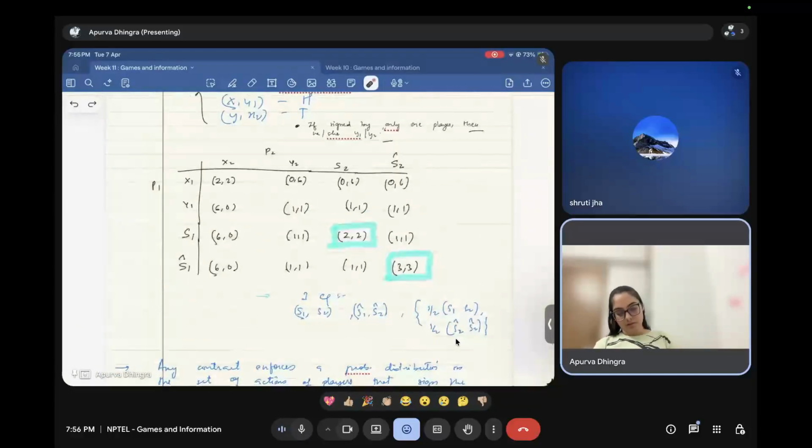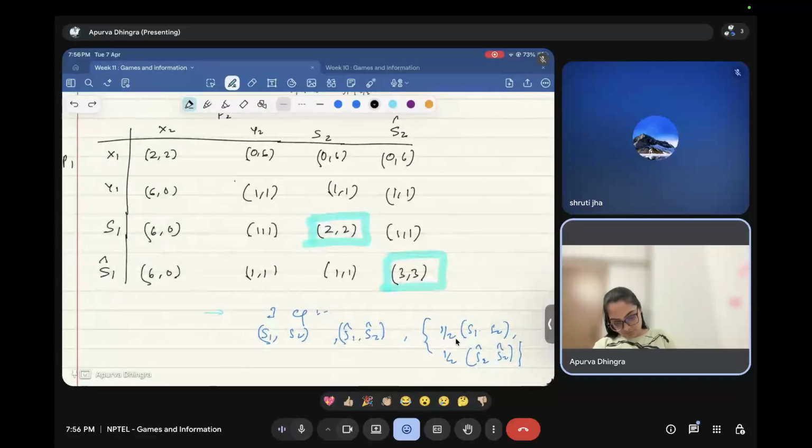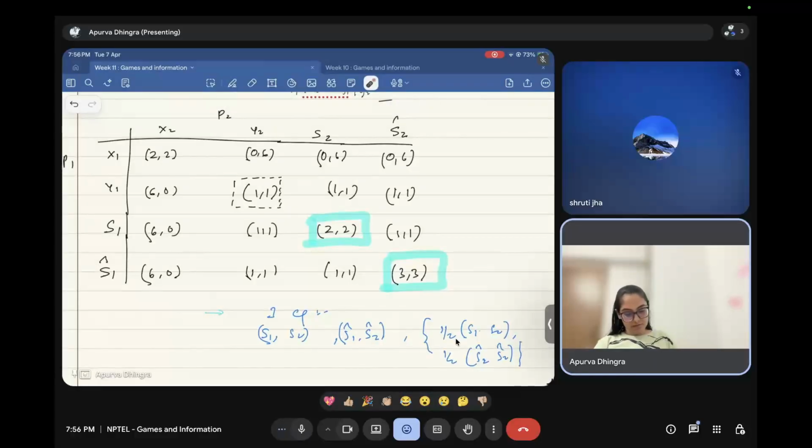You will get equilibria here. Now one equilibrium is not pointed out, which was this one, mostly because this is weakly dominated.